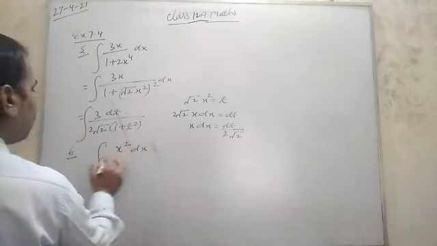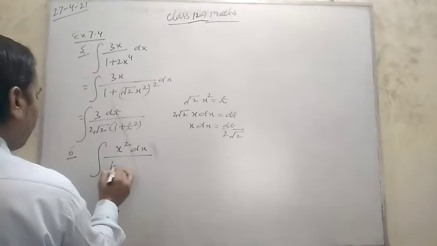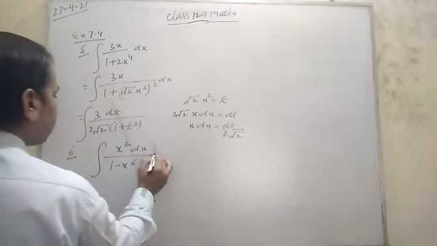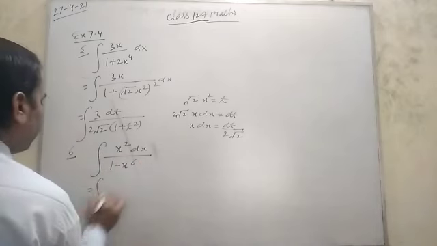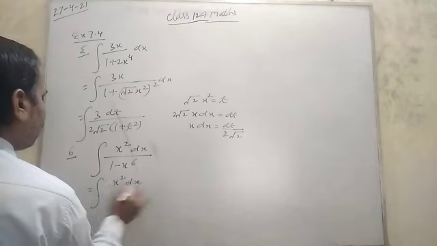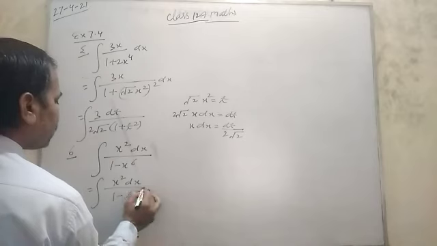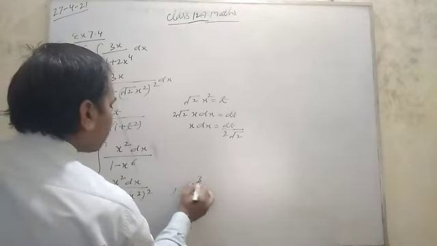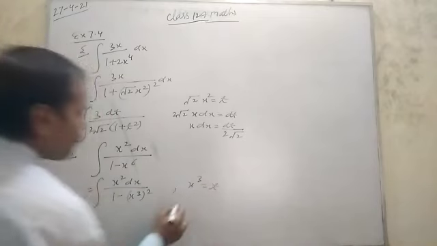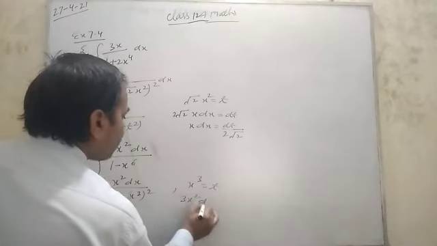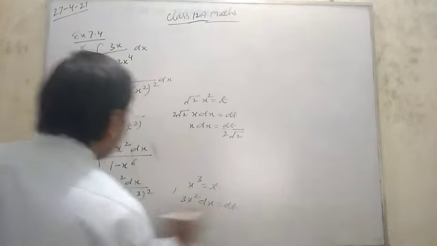x square dx upon 1 minus x power 6. Okay. So x power 6 also you can write like this. Okay. So x cube suppose t. So 3x square dx is equal to dt.